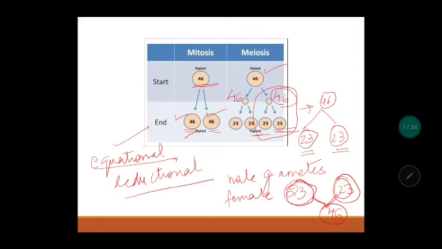So it is very essential that meiosis takes place and the chromosome number is reduced to half, so that during reproduction, when the two cells fuse, the 23 add up and give 46. All right.